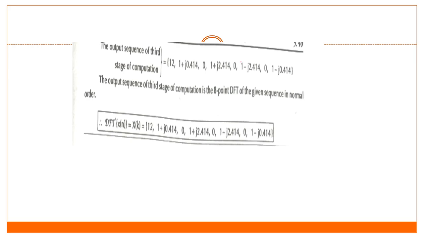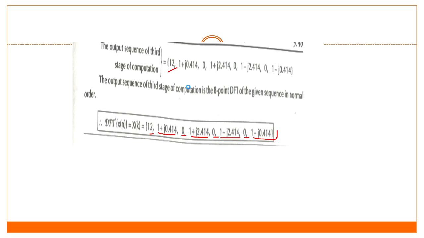The resultant sequence is like this: 12, 1 plus j 0.414, 0, 1 plus j 2.414, 0, 1 minus j 2.414, 0, 1 minus j 0.414.